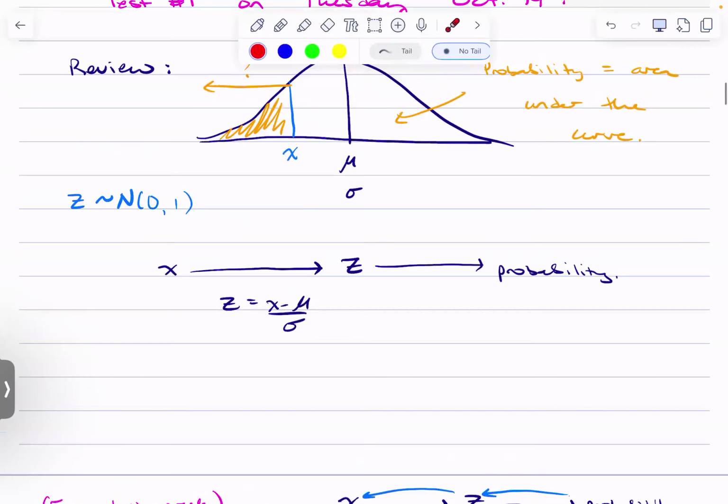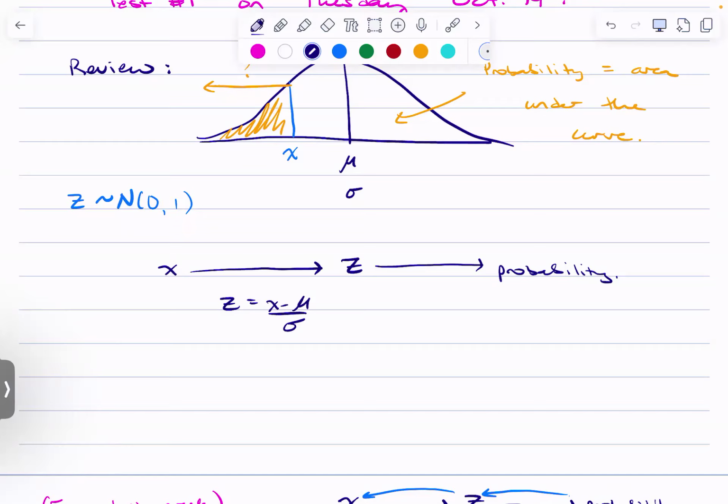Right? In this case, maybe we want to find the probability of being less than x. So now, once you have your z, that's when we do it old school, on the test at least. You'll just have the table.